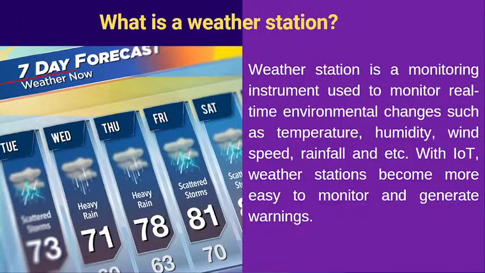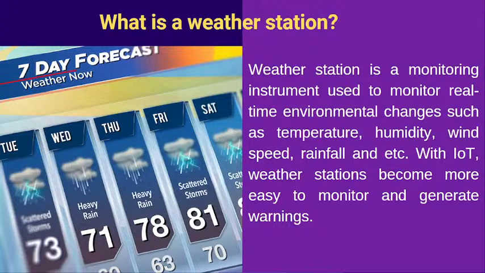Okay, before going to the application, we should know what is meant by a weather station. A weather station is a monitoring instrument that can be used to monitor real-time environmental changes such as temperature, humidity, wind speed, rainfall and so on. With IoT, that means with the internet, weather stations become easier to monitor and generate warnings. That means with the use of IoT, we don't need to be near the weather station.